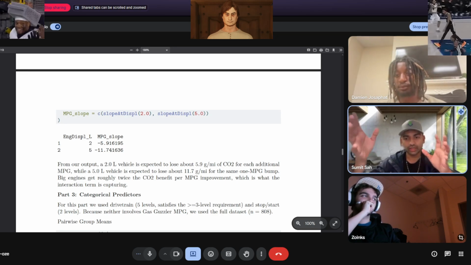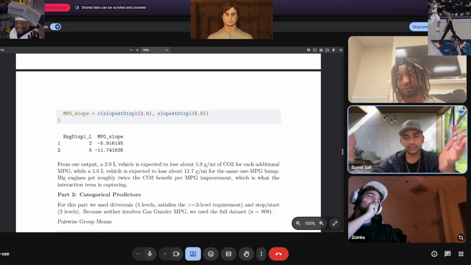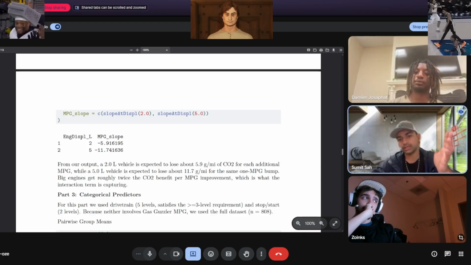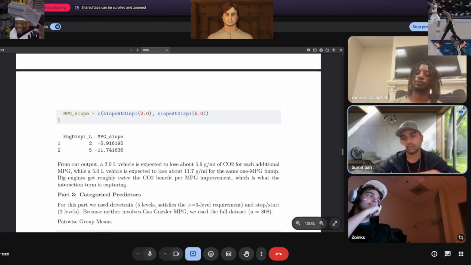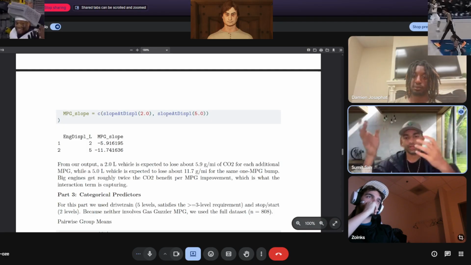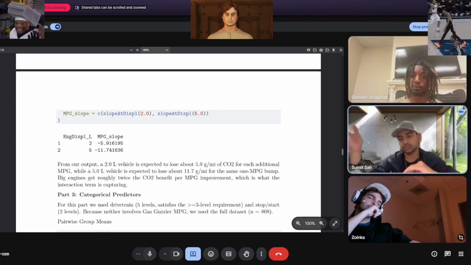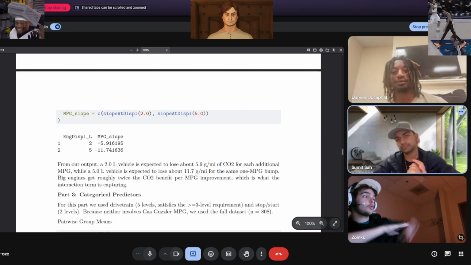So the big engine gets roughly twice the CO2 benefit per mile per gallon improvement as the small engine, which actually makes sense, because a 1 mile per gallon change matters more when you're going from say 15 to 16 compared to 45 to 46. With that, I'm going to pass it over to Damien.